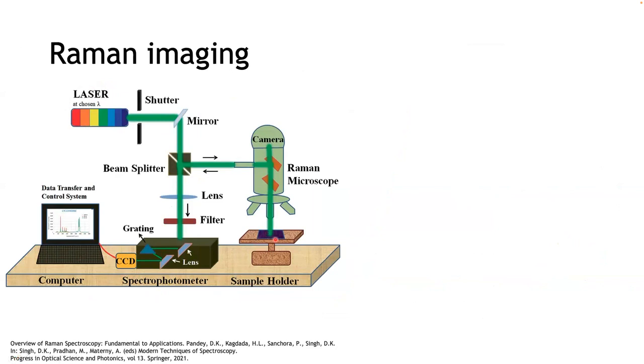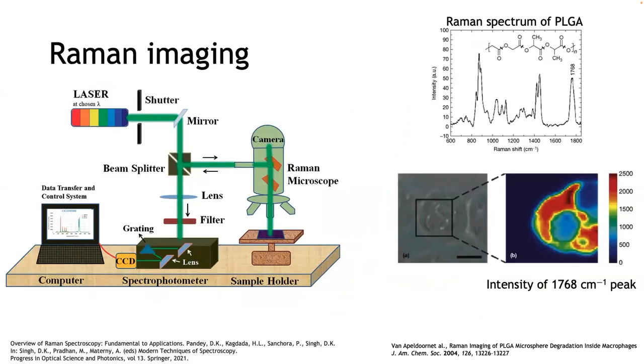If we make this sample holder a mechanical stage, we can move it and take pixel by pixel, point by point, take an image. And typically what we do is that this is the spectrum. It comes from a single point of our sample. We select one characteristic peak from the Raman spectrum, and we use the intensity of that to make an image. So this is Raman imaging.